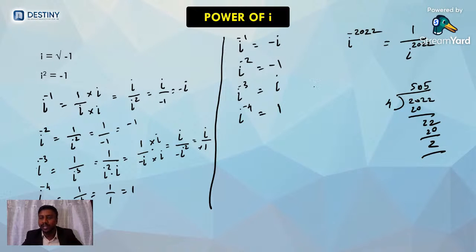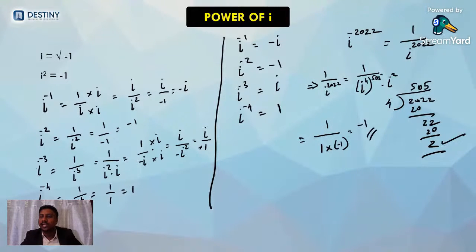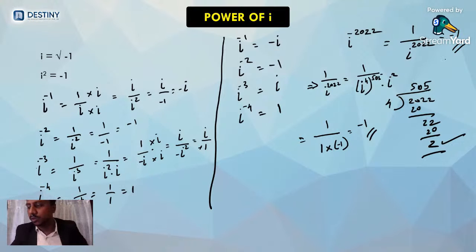So I can write that as i power 2022 will become i power 4 into 505 into i square, because the remainder is 2, right? So 1 into i square means minus 1. So I can write this as minus 1. I hope that you have understood about how you can represent the power of i values. Just you can copy it.